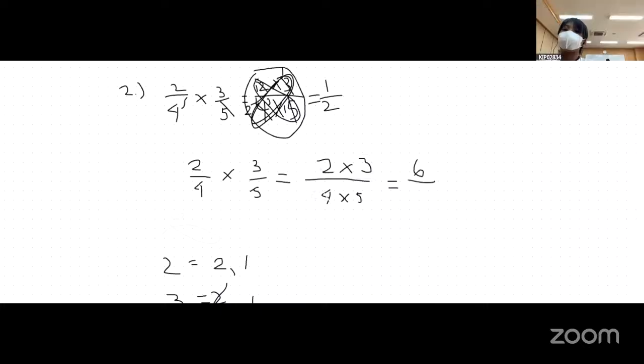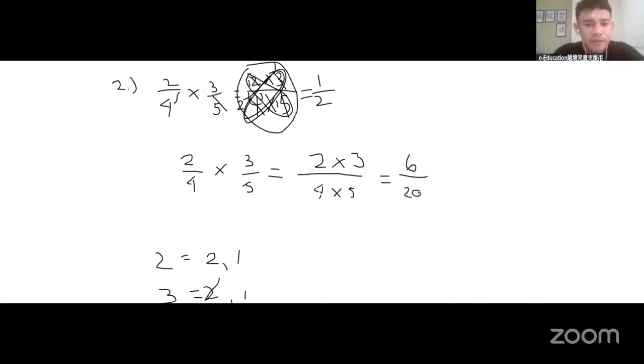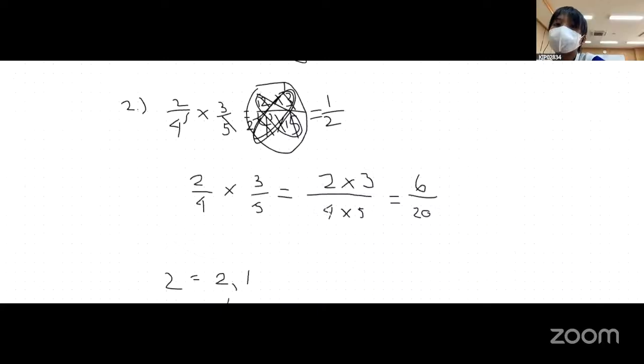20. 20, exactly. So the error in here, Aaron, is that whenever you solve this question, we first find the factors right here, and then we continue to write it here, 2 times 3 over 4 times 5.